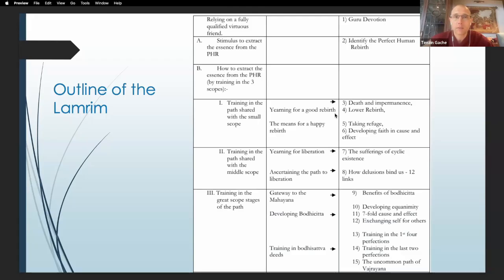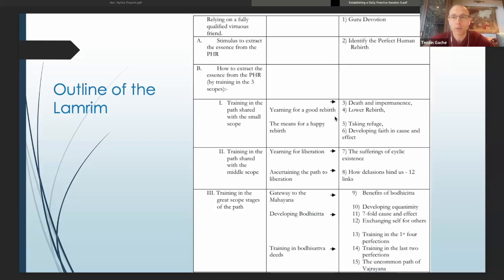Having reliance on a qualified virtuous friend as the first subject is actually Tsongkhapa's innovation. It's a bit unique because a lot of times this is presented as a much more advanced practice. Once you gain conviction in the teaching, then you find a teacher and relate to them in this way. But Tsongkhapa felt that this was essential even at the very beginning.